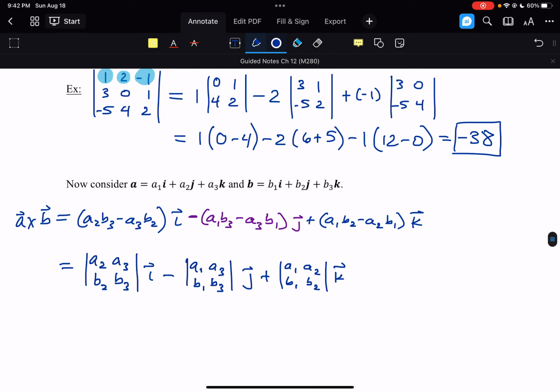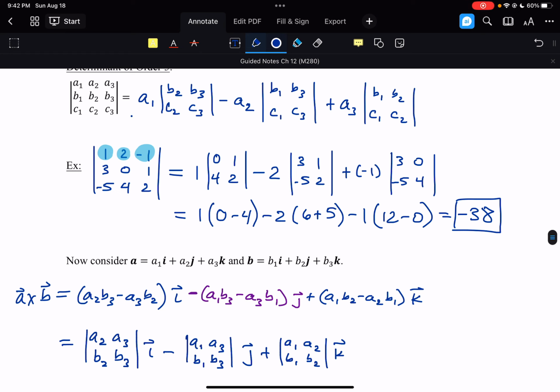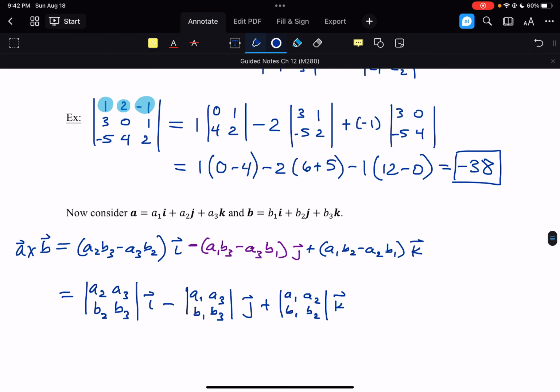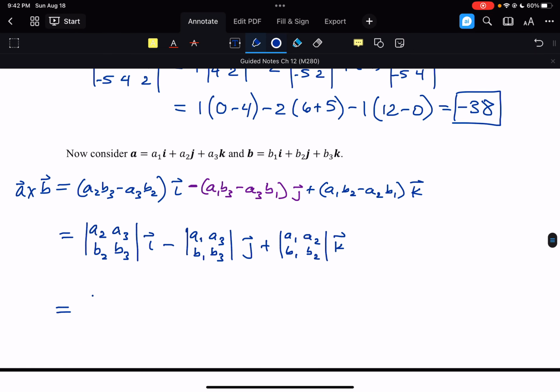Now, if we compare this to what we did with the 3x3s up here, this pretty much mirrors that formula, and this is why I wanted that minus in here, so that we could match the back and forth that we get with the 3x3 determinants. So now let's go ahead and undo this step and go back to a 3x3 and see what that looks like. Instead of A1, A2, and A3, we have i, j, and k.